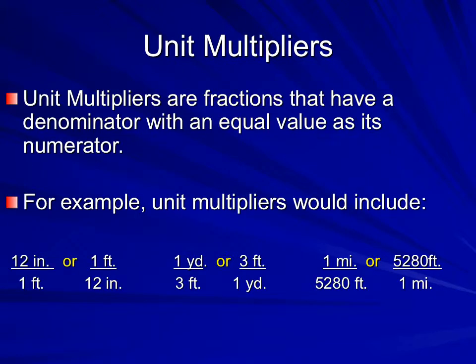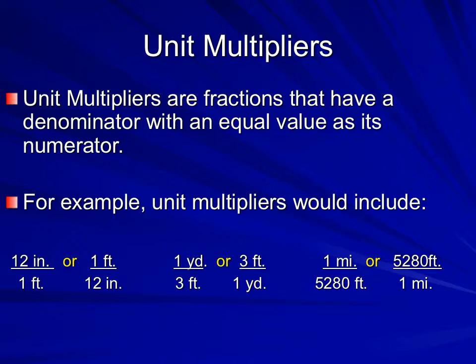Now, unit multipliers are fractions that have a denominator with an equal value to its numerator. If you look at these multipliers, I have 12 inches on top and 1 foot underneath. They are equal in value because 12 inches is the same length as 1 foot.